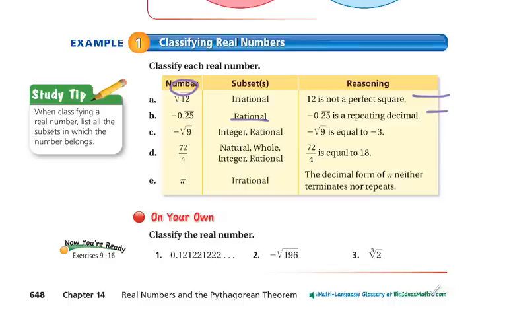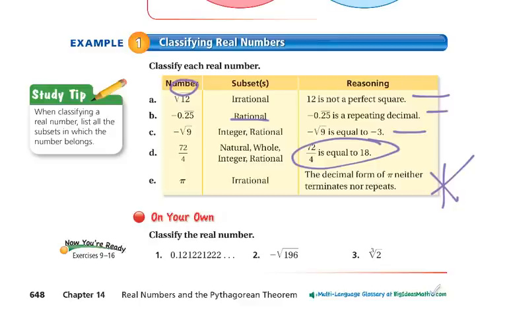You have the negative square root of 9. That is also rational because 9 is a perfect square, so a negative 3 is considered rational. It's an integer. You have 72/4. Again, it's rational. It's written as a fraction, and it's also considered a whole number. And then you have pi. Pi is irrational. It is a decimal that goes on forever and does not end and does not repeat.